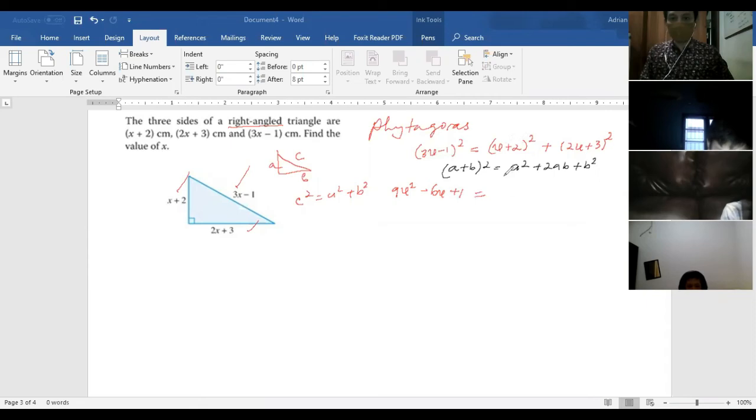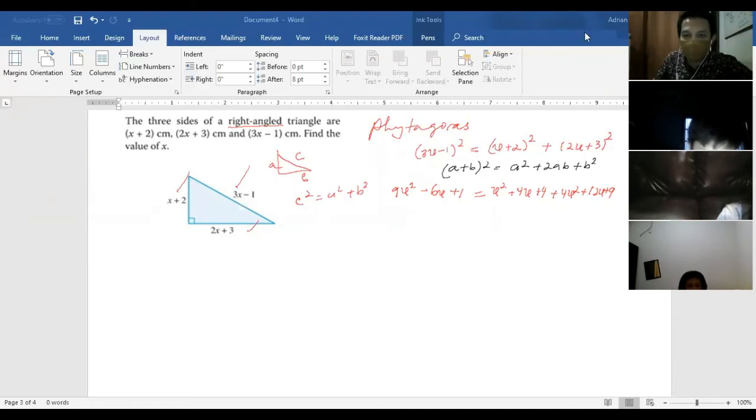Equals this one, x squared plus 2 times x times 2, 4x, plus 2 squared, 4, and then the last, 2x squared, 4x squared, right? 2 times 2 times 3 plus 12x, right? 3 squared plus 9. Clear, everyone? Is it clear?